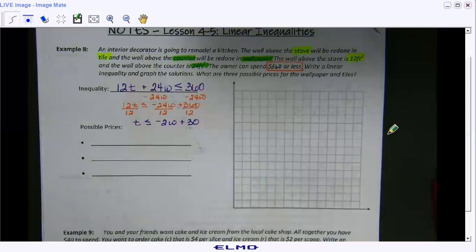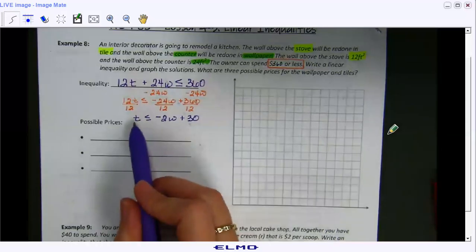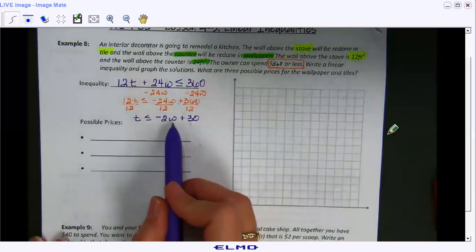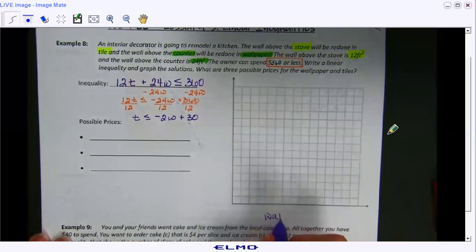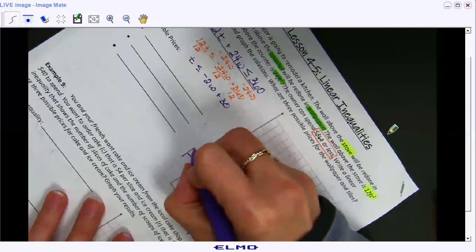Y. Yeah, it's in the place of Y. So your tile is going to be on your Y axis and your wallpaper will be on your X axis. So wallpaper. And then over up here, we're going to put tile.